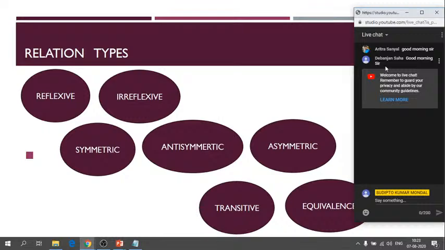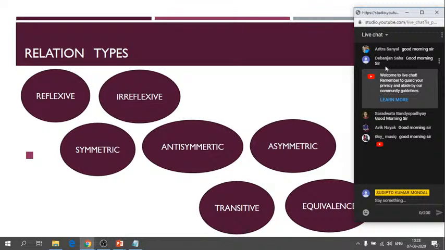The relation is there between any two objects, or more than one object's relationship. A relation is a relation between objects, and because the term objects is coming, it is saying that objects are present within a set, because a set is a collection of discrete objects. So we are talking about relation between discrete objects actually.